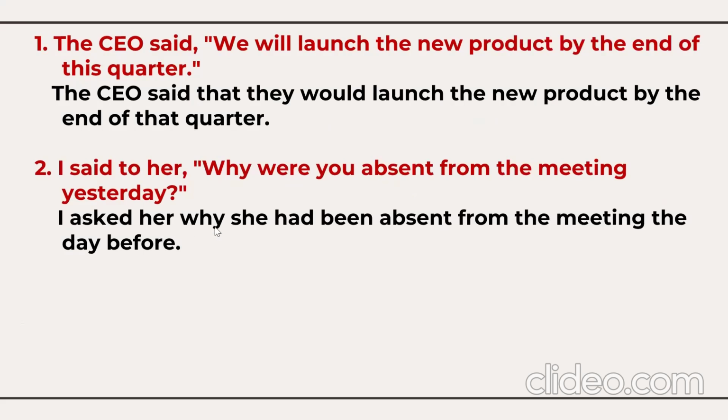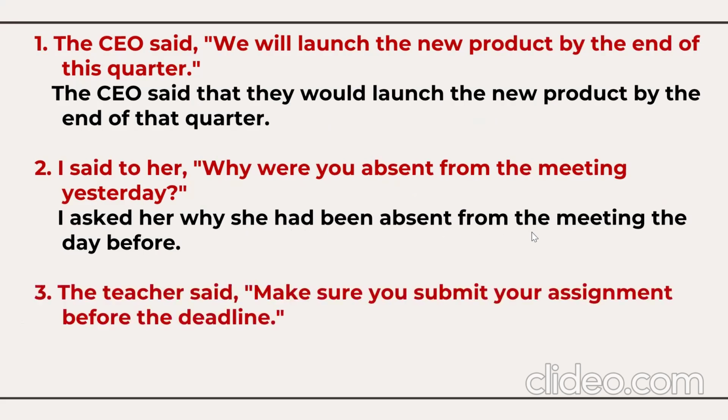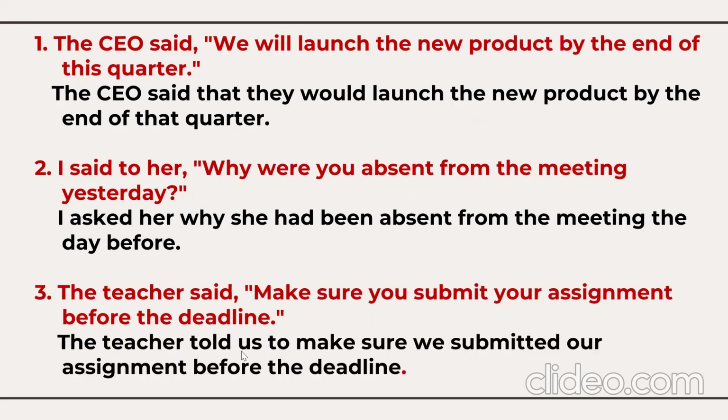I asked her why she had been absent. I told you last time also, why were you absent? It will become here: she had been absent from the meeting the day before. The teacher said, make sure you submit your assignment before the deadline. The teacher told us to make sure we submitted our assignments before the deadline.